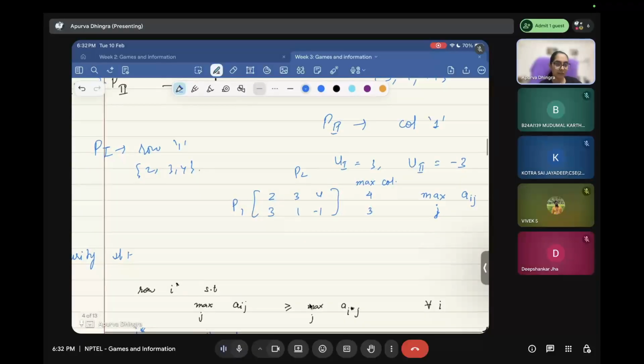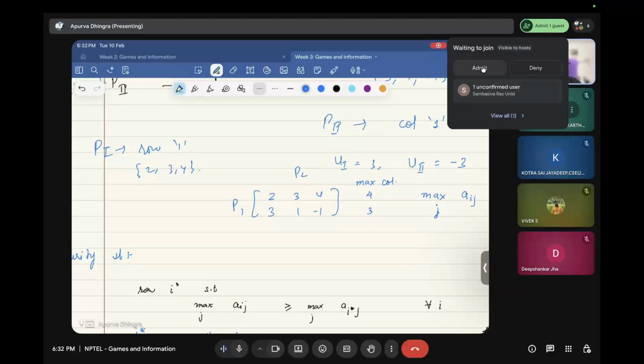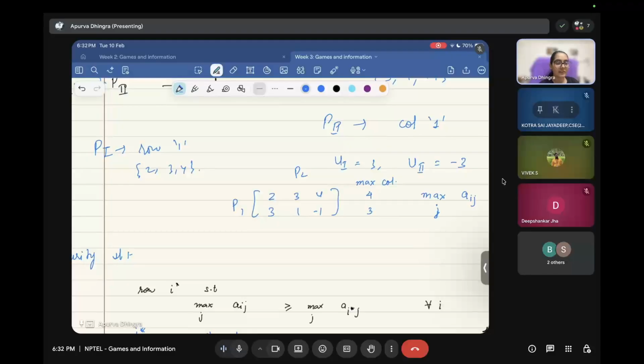Now, if the player is supposed to make sure he is in a secure position, avoiding the worst case scenario, what strategy should he choose? In that sense, the security strategy or the safe strategy, which at least avoids the risk of getting the worst possible payoff, would be to choose row 2. So what we have done here is taken a minimization over whatever was the maximization done by the other agent.